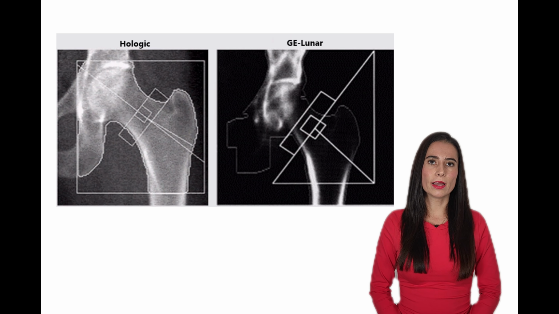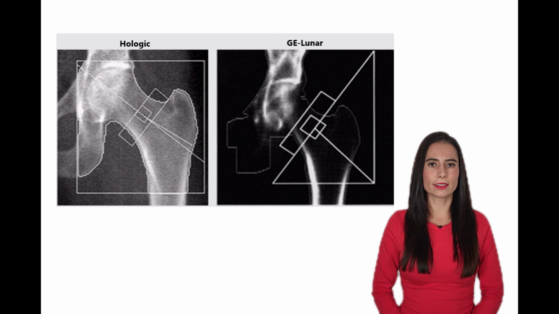For example, here I will show you the difference in the region of interest of 2 manufacturers. Hologic places the region of interest of the femoral neck to the side over the trochanter, and General Electric Lunar centers it in the middle in the most narrow area of the femoral neck.